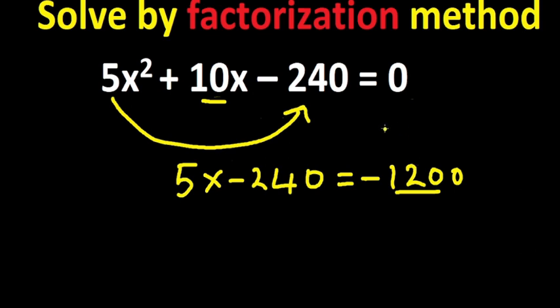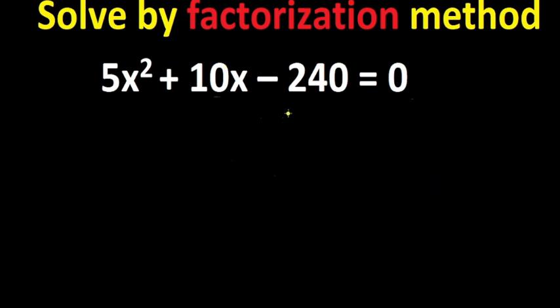So how do we find the factors of negative 1200 that will sum up to give us 10x? Now, this is the trick. We're going to use this simple formula: h plus or minus b over 2. Now, you can use this formula for any quadratic equation that can be solved by factorization method to find the factors that will sum up to give us b, that is in this case 10.